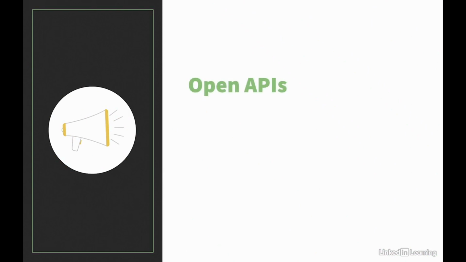These are also called external APIs. These APIs are available for anybody to use, so they need no or low authorization and authentication. So some of these are free and some come on a subscription basis based on the number of calls made to the APIs.